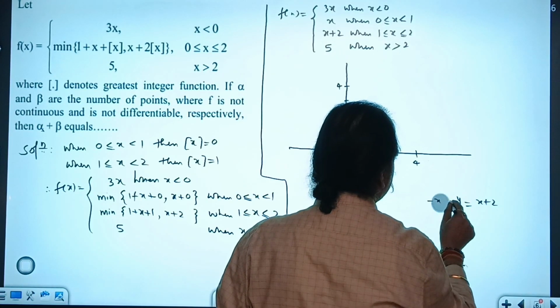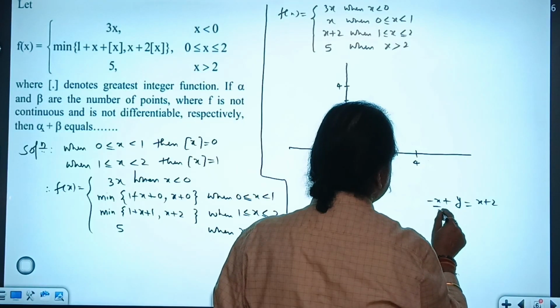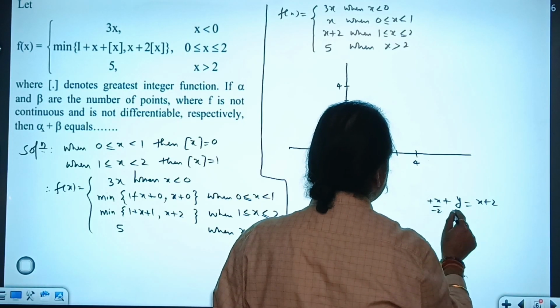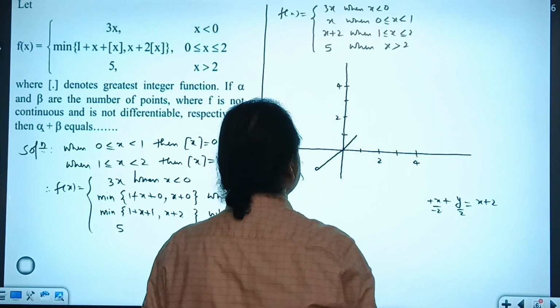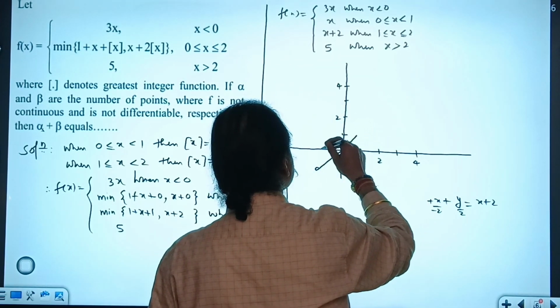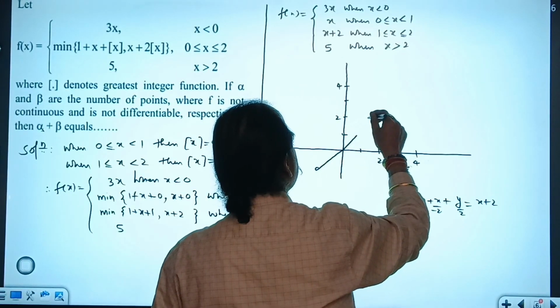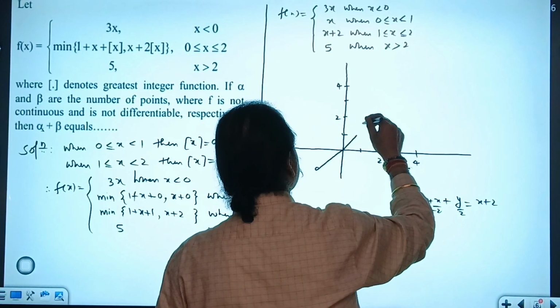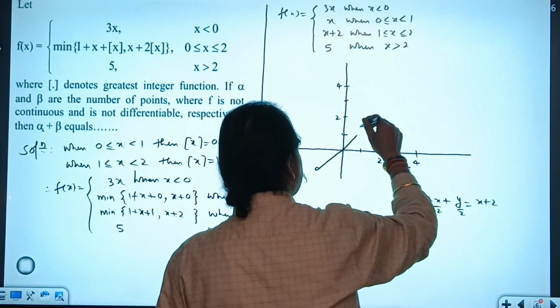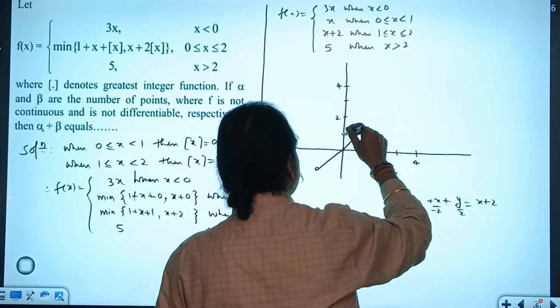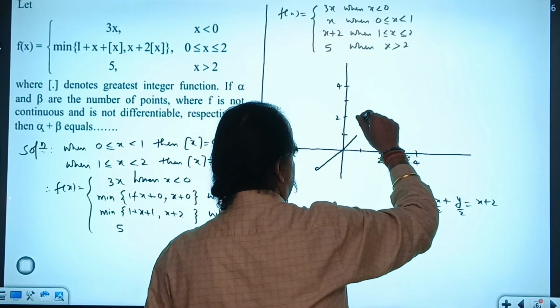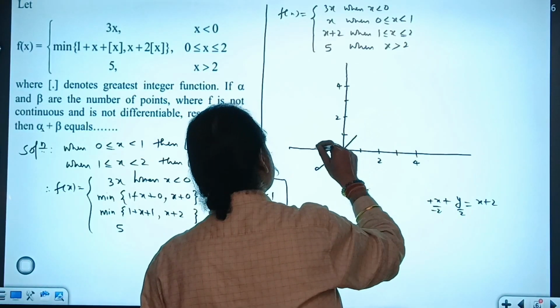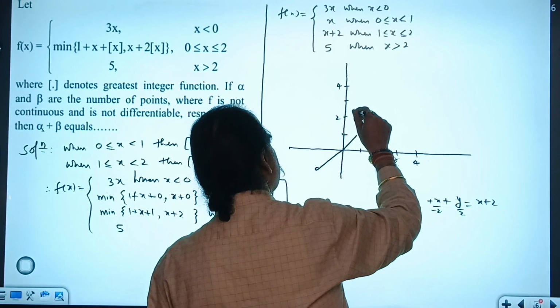Y is equal to x plus 2 means minus x plus y equals 2. The double intercept form will give x upon minus 2 plus y upon 2. X intercept minus 2 and y intercept is what? Plus 2. It will be like this. Here this minus 2 and 2 will join.